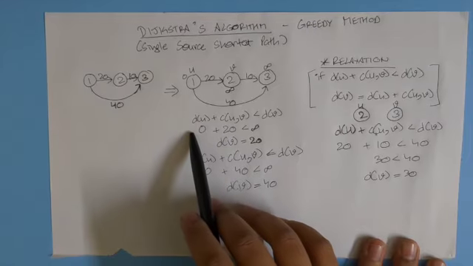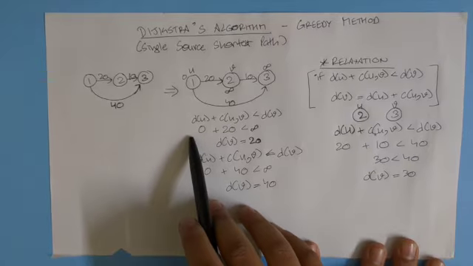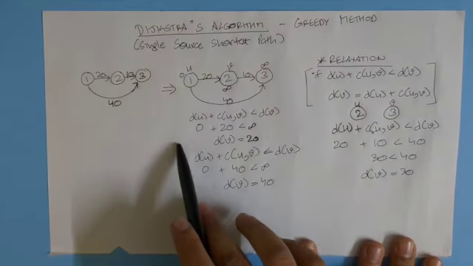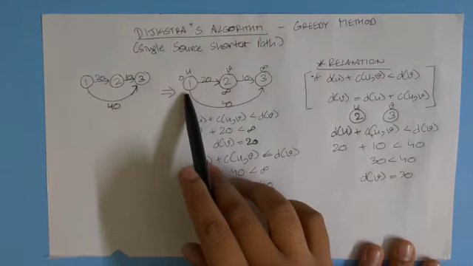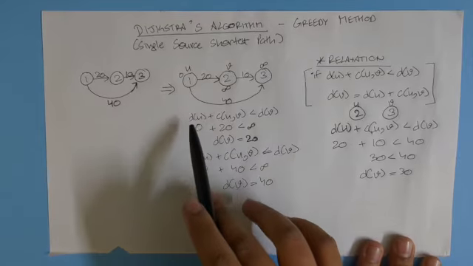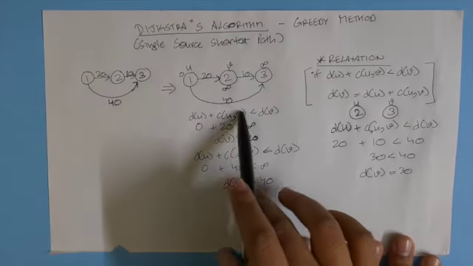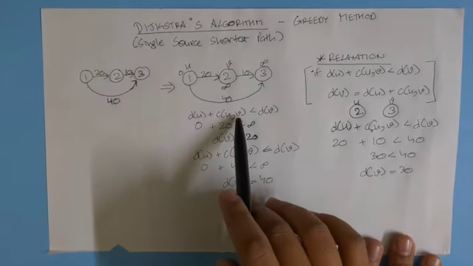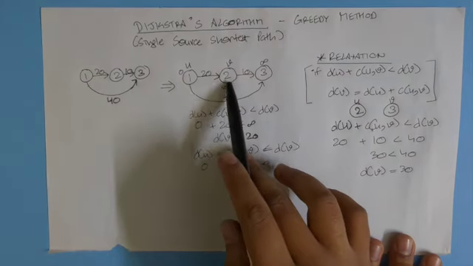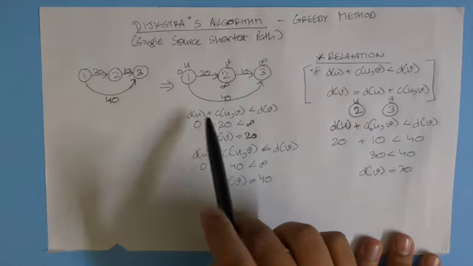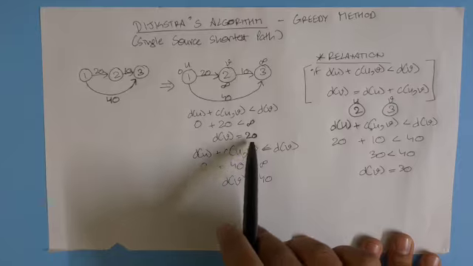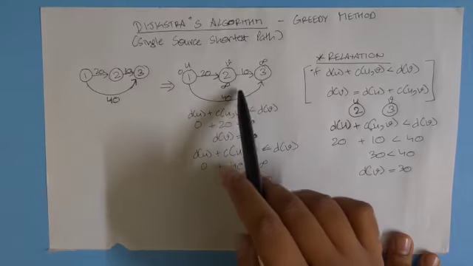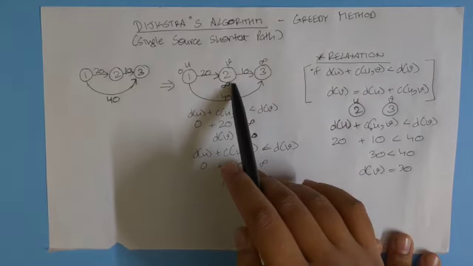Now if we use the relaxation condition, du for node one becomes 0 as we are standing on it, that is the initial point, and cuv means the cost of u and v, that is our first point and the second point, that is 20 given in the question itself, which is less than the value of dv that we set as infinity initially.